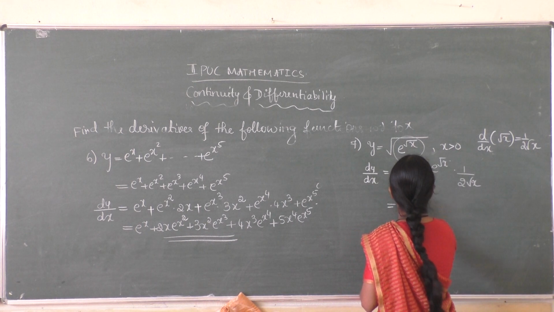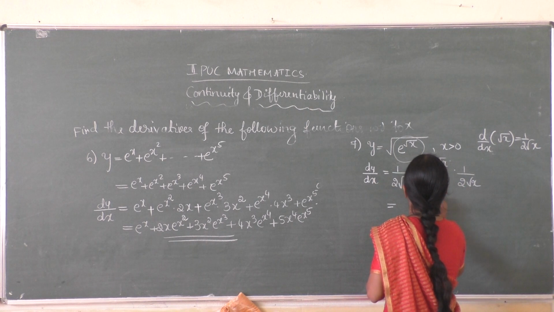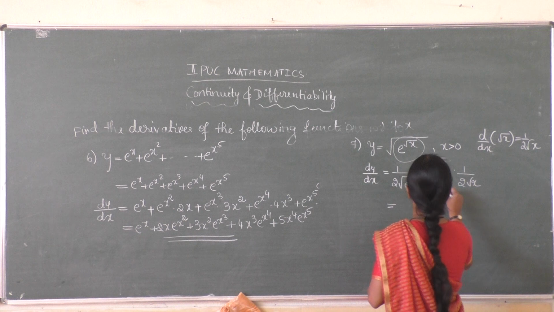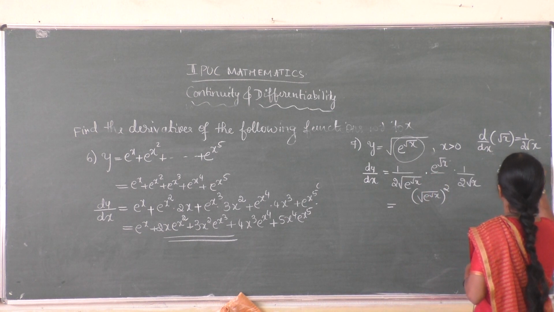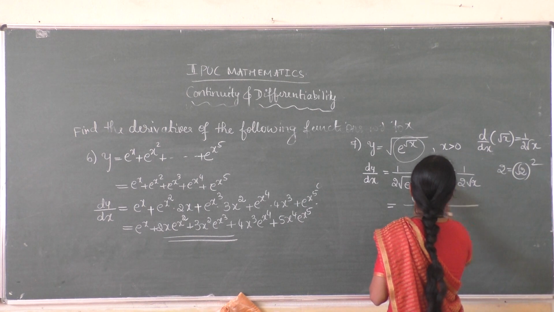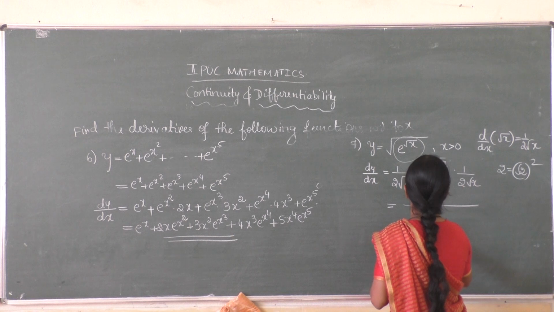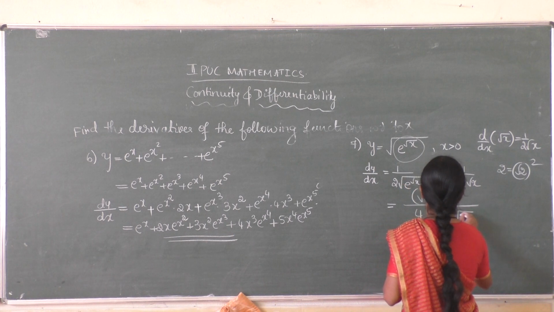So here this e to the power root x can be taken as root e to the power root x whole square, correct? Suppose we have 2, that can be written as root 2 square. So root e to the power root x whole square. This 2 into 2, 4 root e to the power root x into root x.